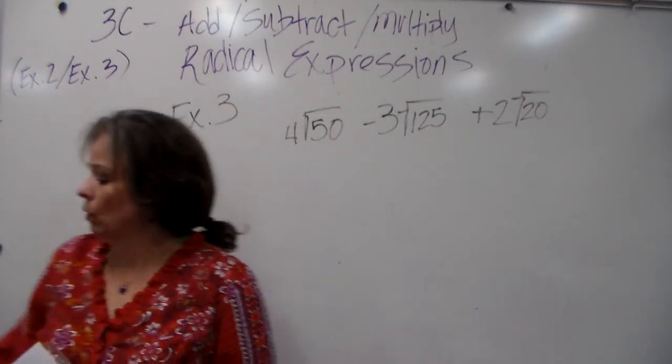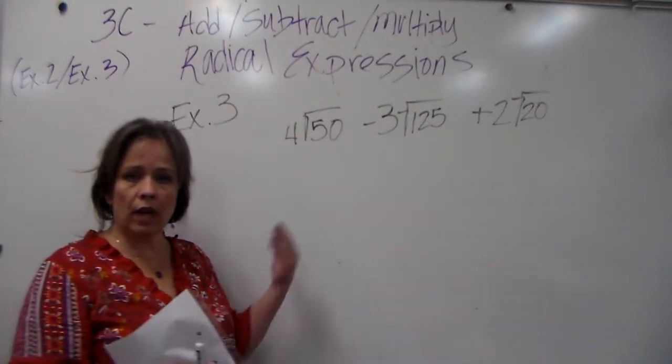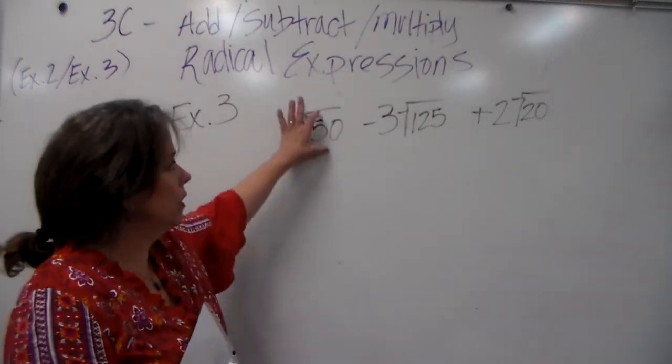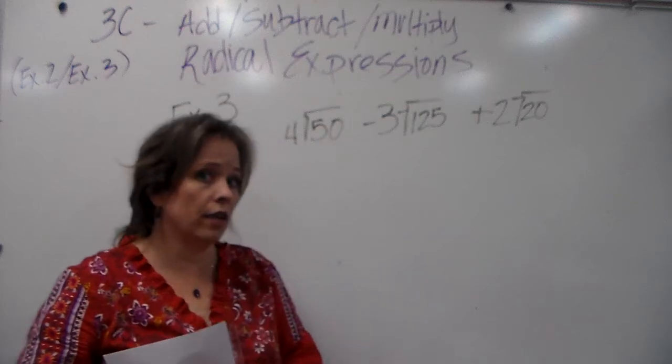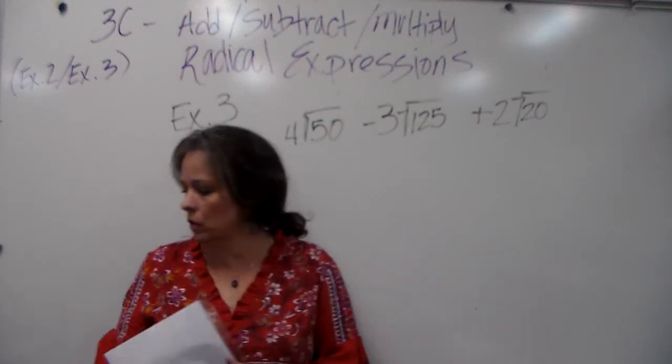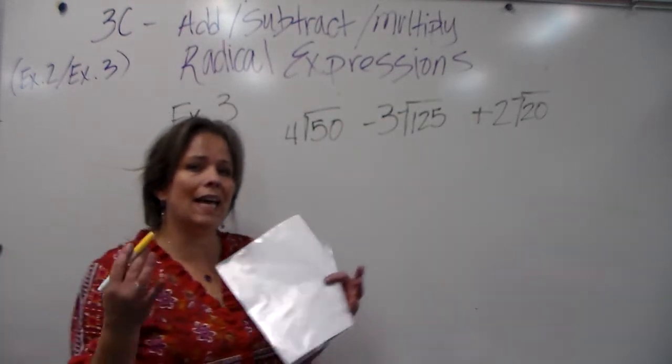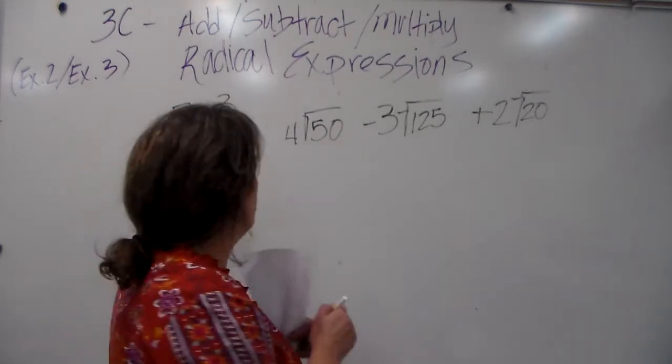And again, we want to see if we can combine any of these terms. But the numbers inside our radicals are all different. So we're going to simplify our radicals to see if we have any like terms kind of buried underneath, okay?